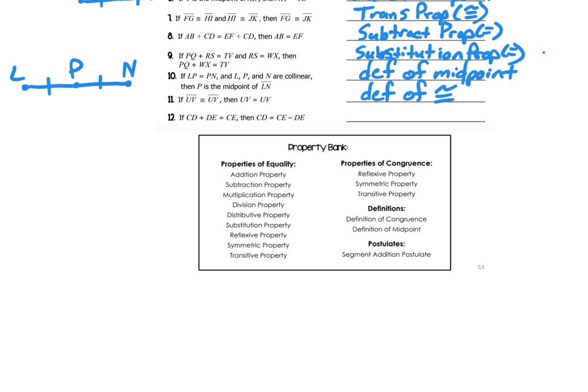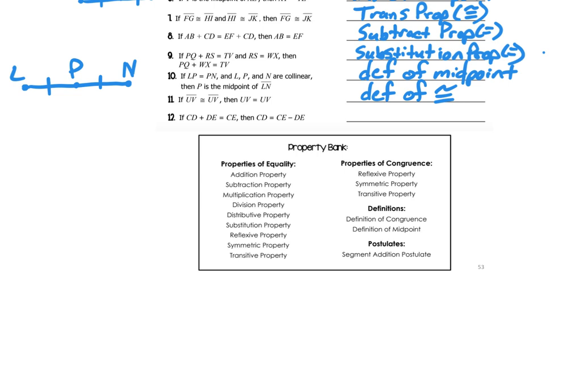Take a look at this statement here, and then take a look at this statement here. Okay? The one thing that we notice is that we are subtracting DE from CE. And then over here, notice what happens. My DE is gone. Why do you think that DE is gone? What are they doing? Subtracting.